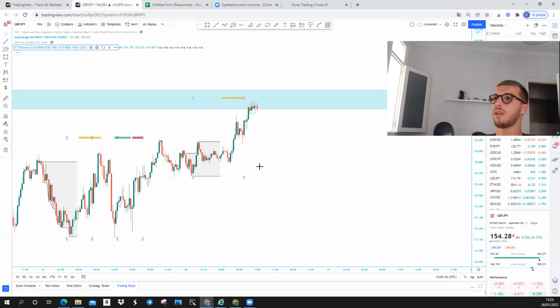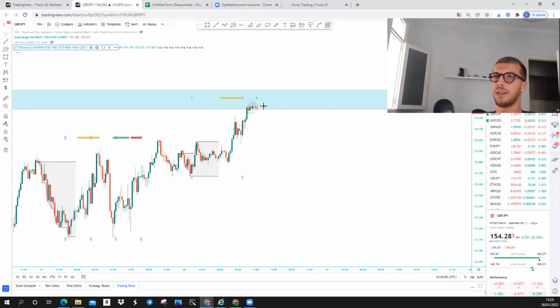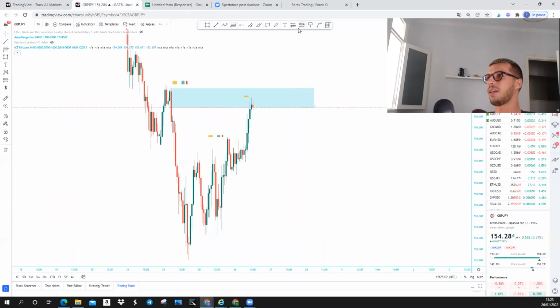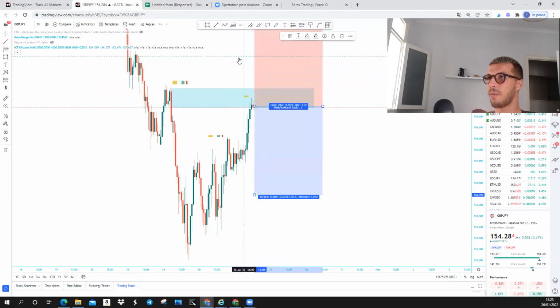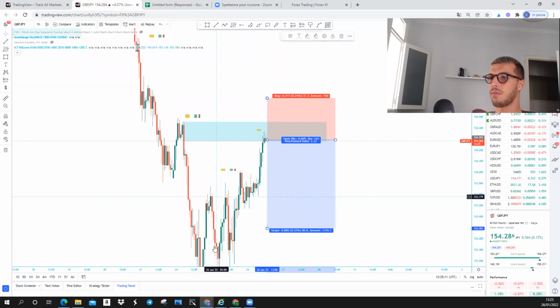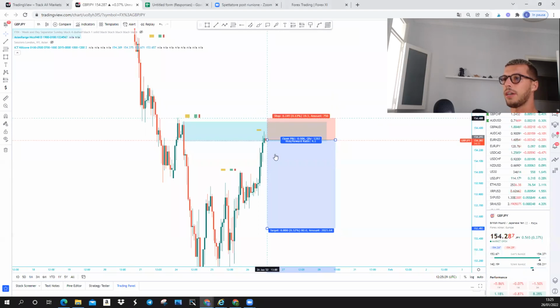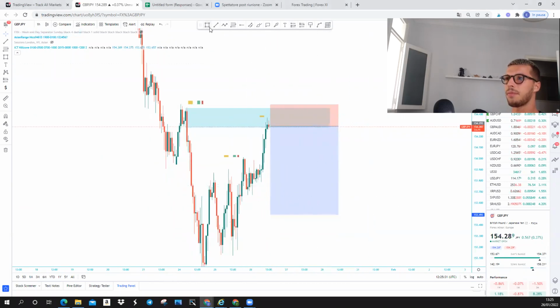So for example, if I'm entering sales here on GBP JPY, I'm not entering sales right now, but if I'm entering here, I'm either targeting this demand, a lower demand.